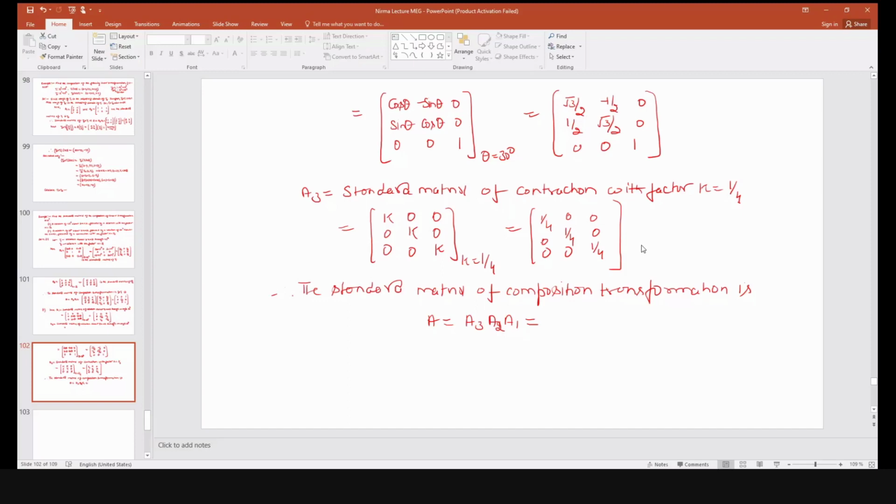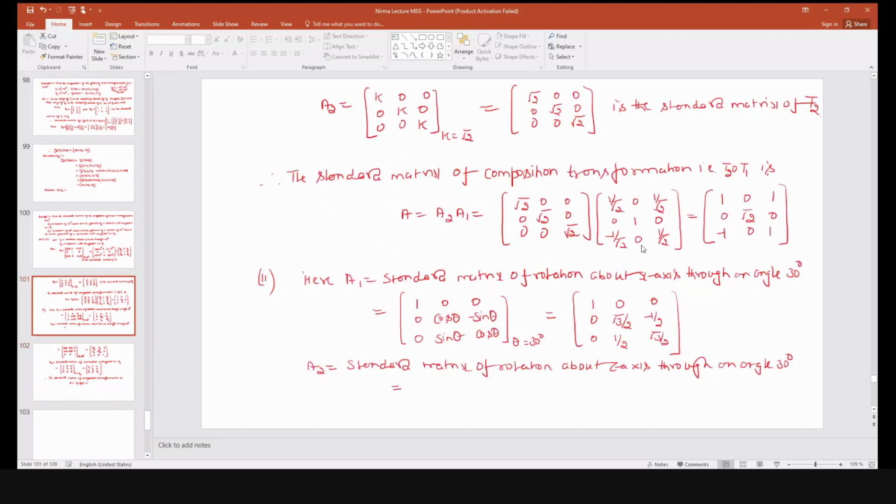So are there any questions on how to compose the different linear transformations that we have learned today? Is there any question here? Hello?